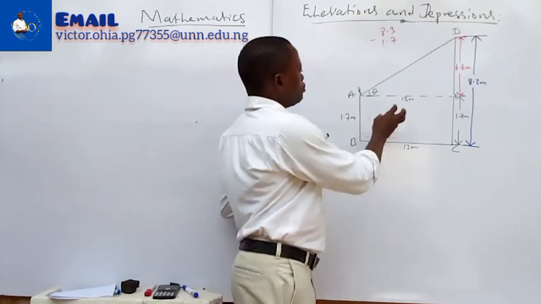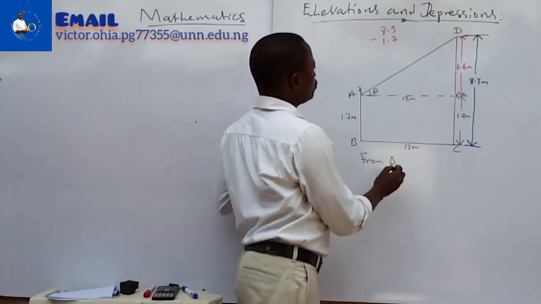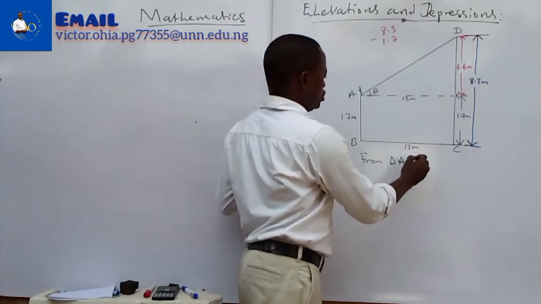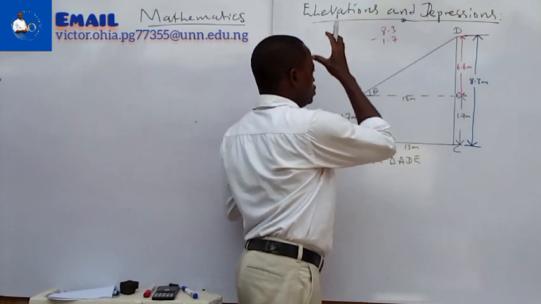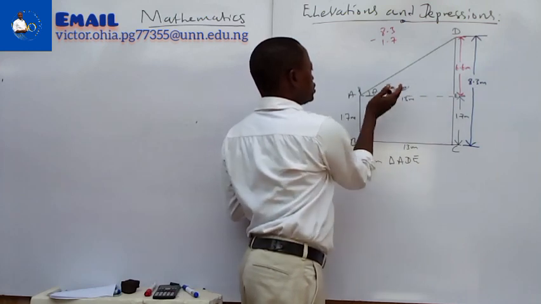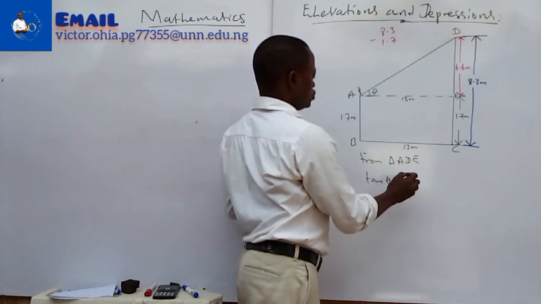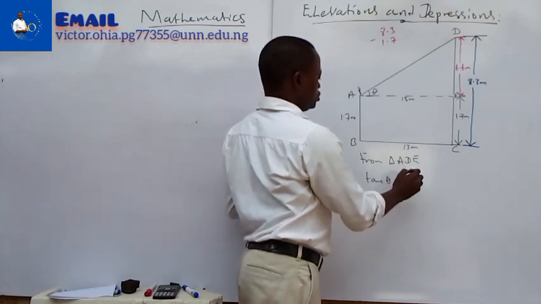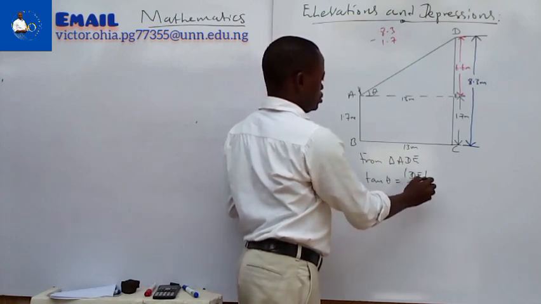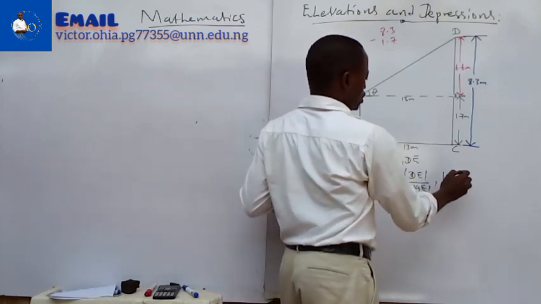So I can be able to come here now and say from triangle ADE, for this triangle, you realize that because this is opposite to this and this is adjacent to this, I can simply say tan theta equals DE, opposite, over adjacent, AE. You get?